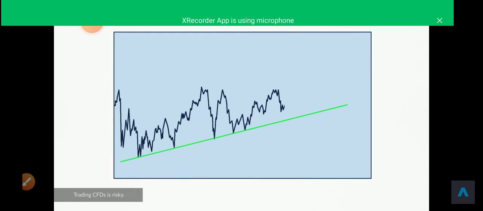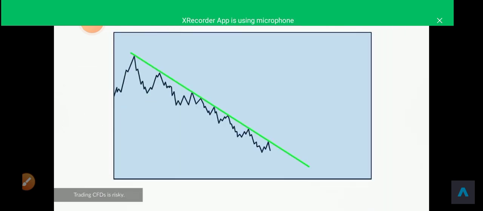We can see that we have a number of troughs, and we've drawn a line through those points to give us our trend line. Now, you don't actually need this many. You can draw a trend line just looking at two troughs, put the line through it, and then a third would be used to confirm. And here we have an example of a trend line drawn for a downtrend.